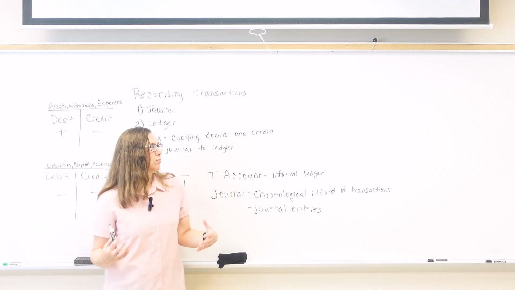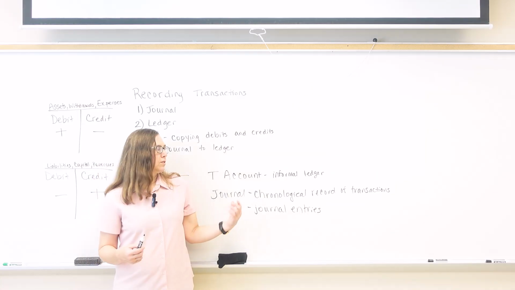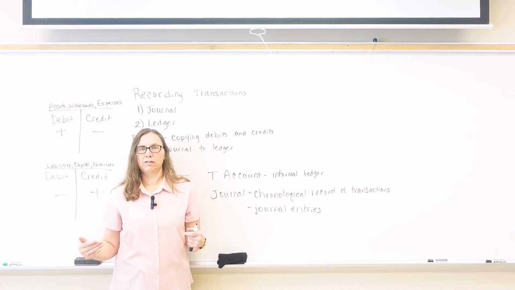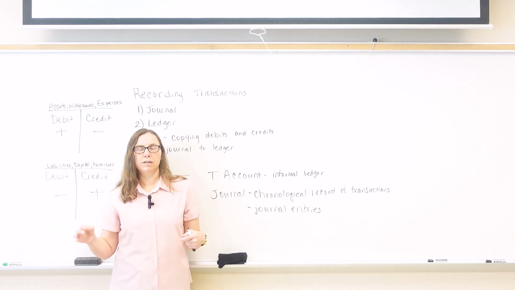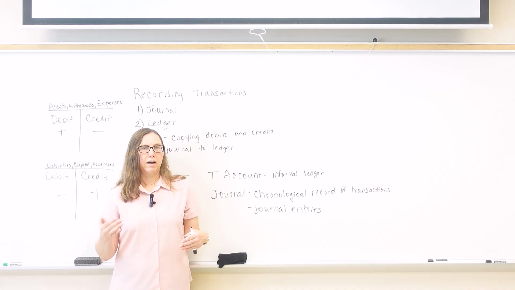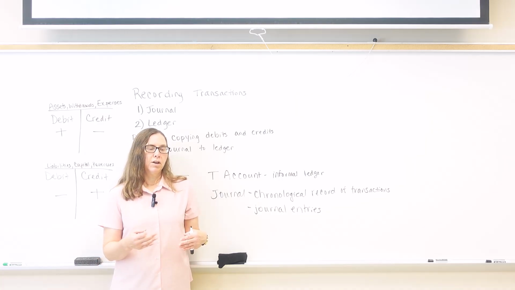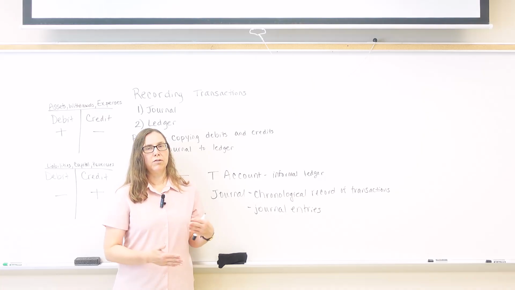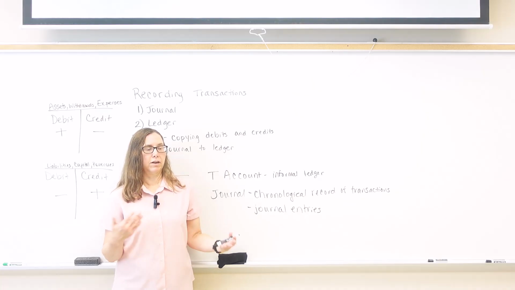Now, something I don't think I mentioned before is we're learning journal entries and T accounts and how to record transactions. But when you record things in a software, like for example, if you're using QuickBooks, you're not really using debits and credits because the software is doing the debits and credits without you necessarily knowing what a debit or credit is.